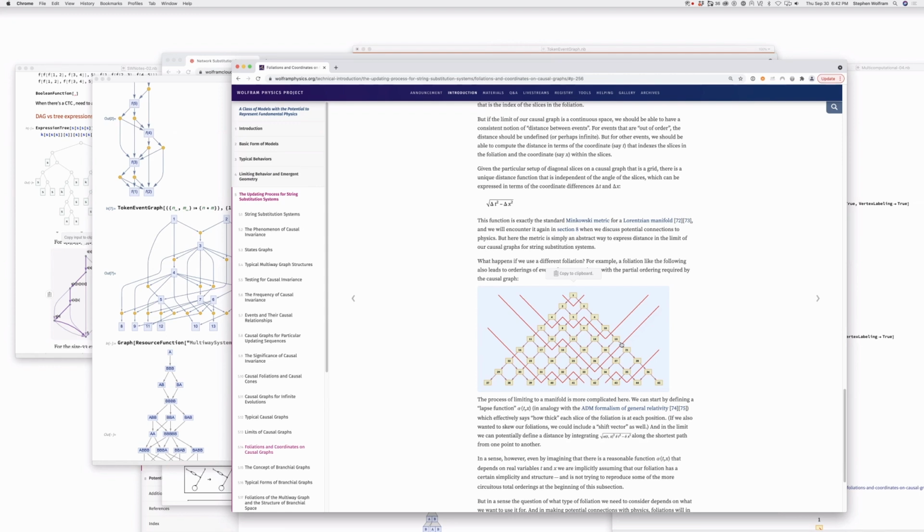That's the thing we want. But it is evolving over quotes time, where time is defined by some foliation. But we have to have a description language for those foliations. Does that make sense?